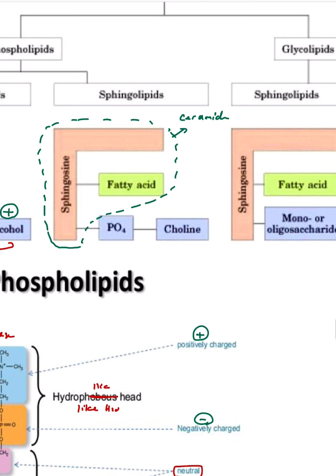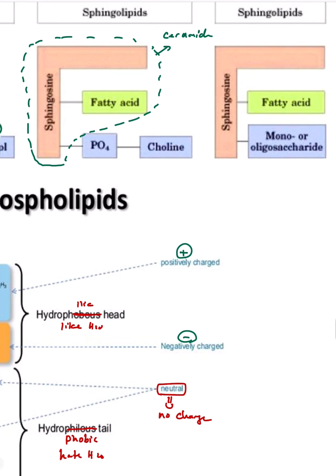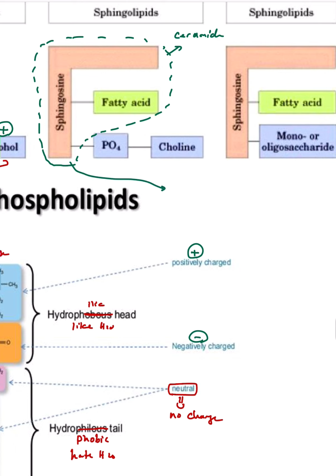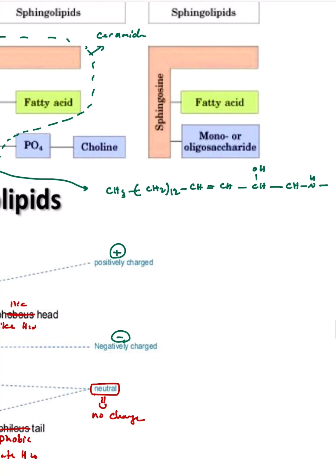And what is the sphingosine structure? I can show here. It has a carbon chain, CH2 twelve, and one double bond, after which we have an OH, and here we have a CH and NH, which binds to the fatty acid.